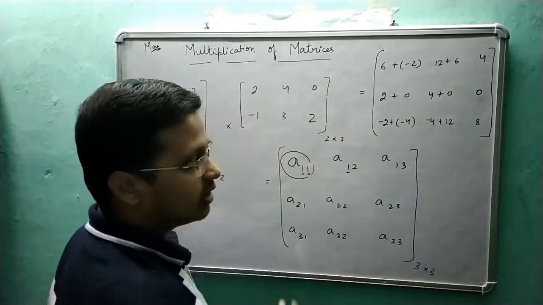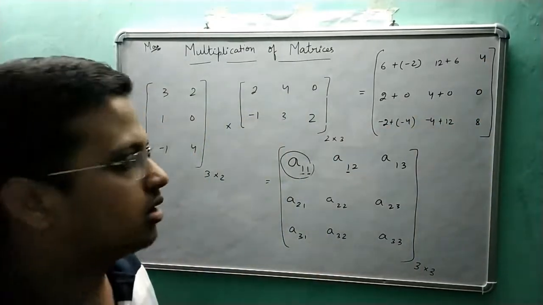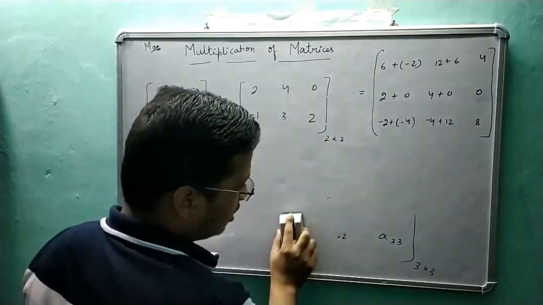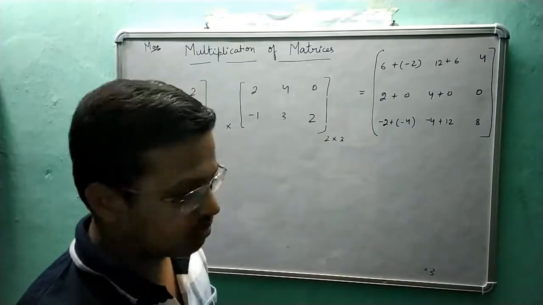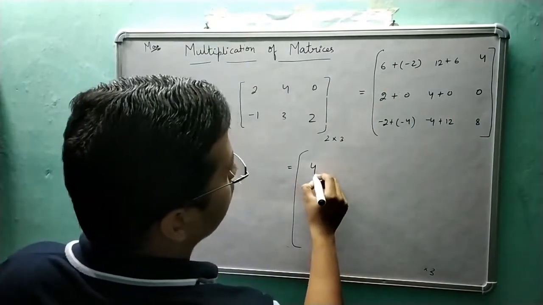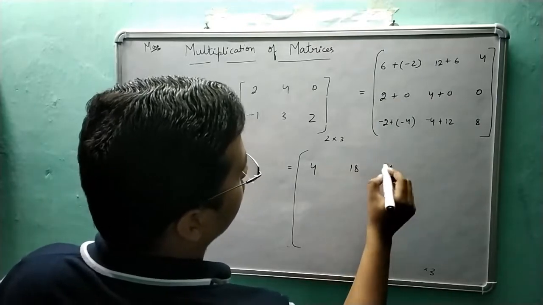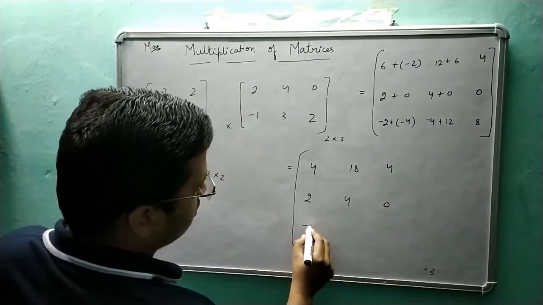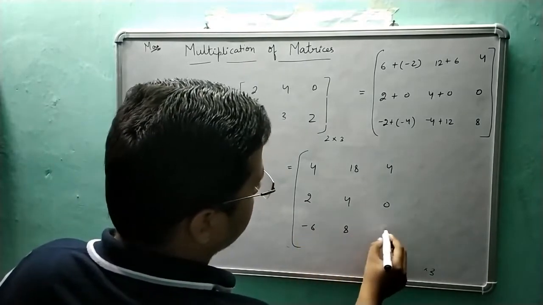So this is how we will be getting the elements. Now, by solving this, we will get our matrix multiplication result. So the multiplied matrix is 6 minus 2 is 4, 18, 4, 2, 4, 0, minus 6, 8, 8.